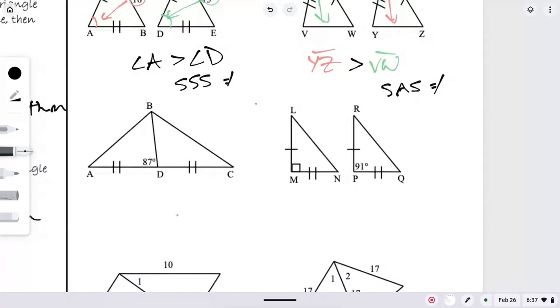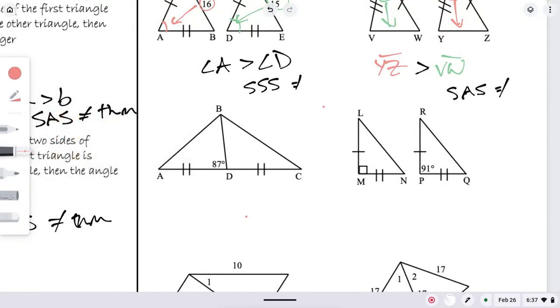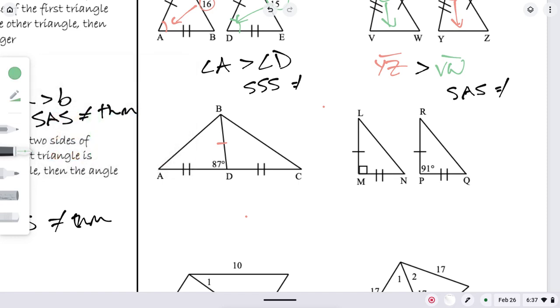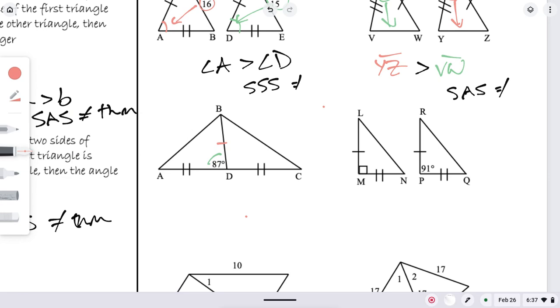Then if I look at this next one down here, I have to infer some things. Remember, you always have those reflexive sides. So I actually do know two sides of each triangle are congruent. And the included angles, this 87, is going to be a little bit smaller than the 93 that would complete my 180 there.